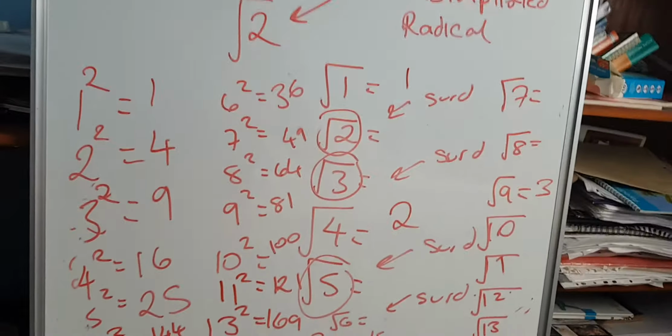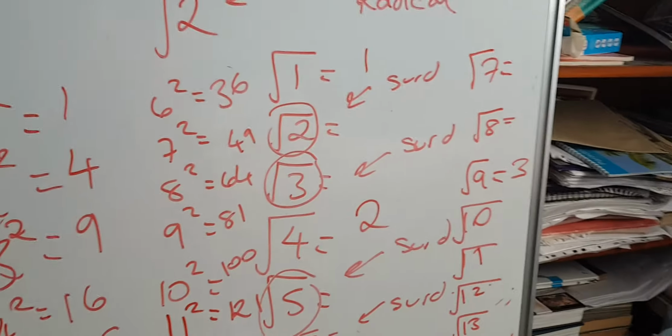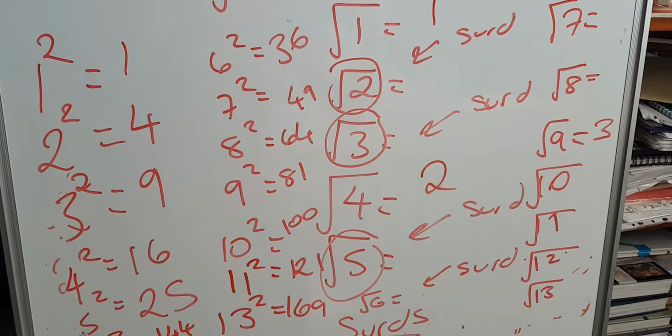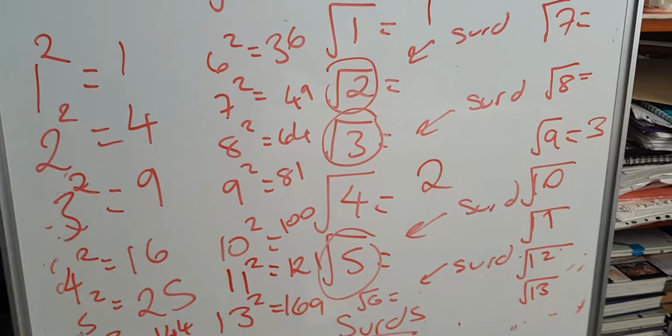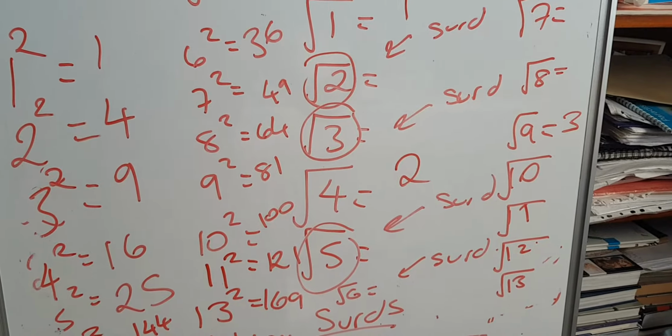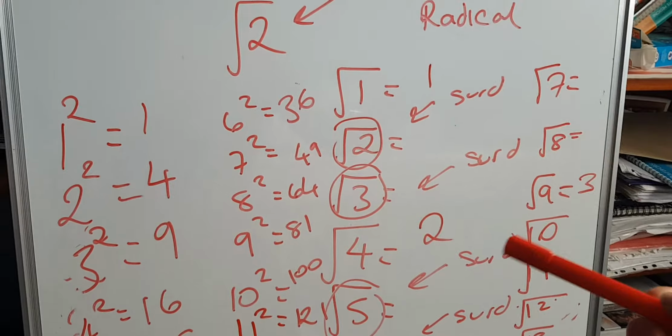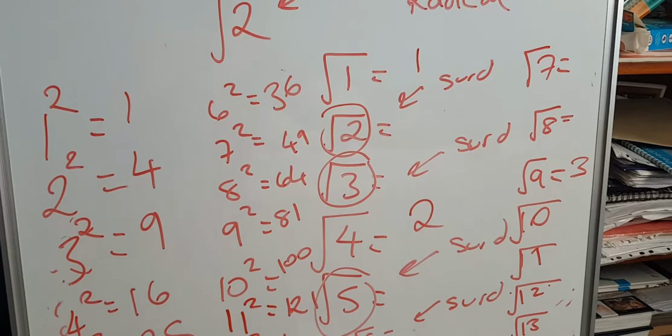Looking here, guys, the square root of 1 is going to be 1. Root 2 is what I call a surd, as there is no whole number or integer answer. For A level, we want the answer to be terminating.